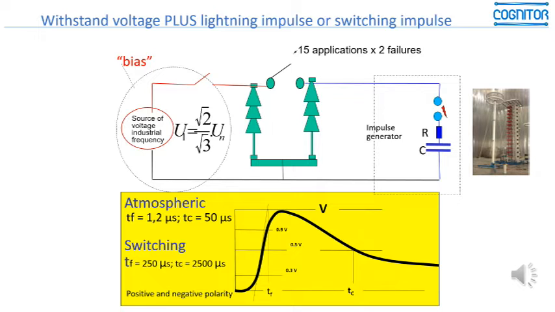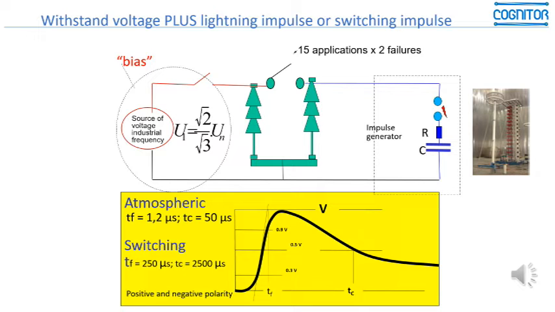If you have this situation, you may have in the equipment between the open gap of that equipment a sum of one impulse voltage, which is shown in the lower part of the figure, and this can be summed with the industrial frequency voltage, which is applied in the other side.